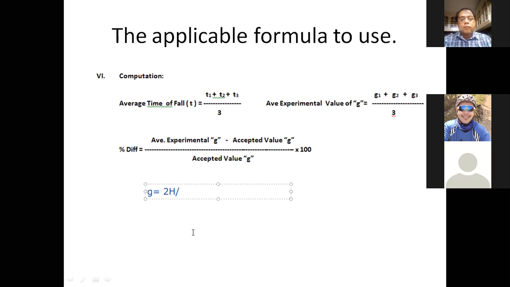And then you divide that by the corresponding average time T, and you square that time T. So it has to be squared.